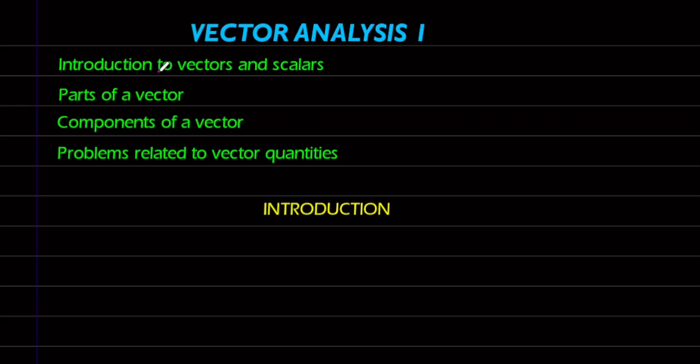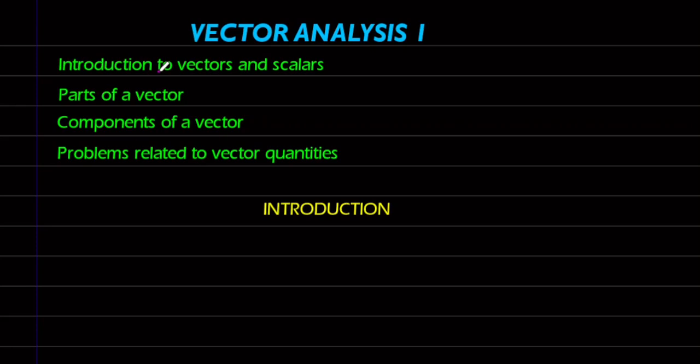For example, to describe the motion of a car, its speed is not enough, but also its direction. Hence, the speed and direction of the car give what we know to be velocity. Velocity is then known as a vector quantity.